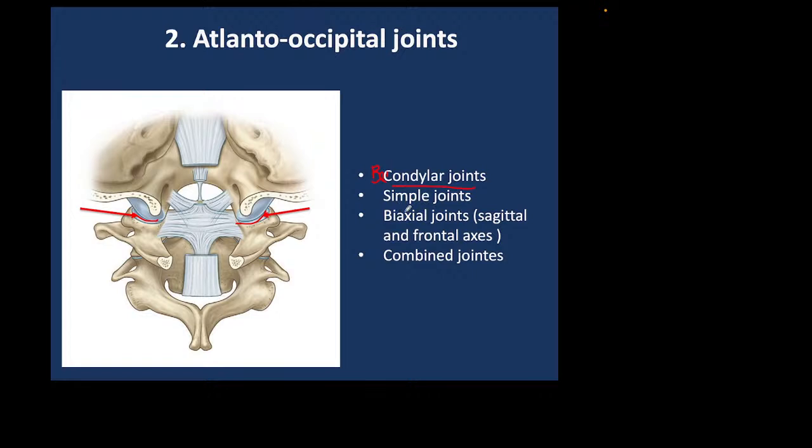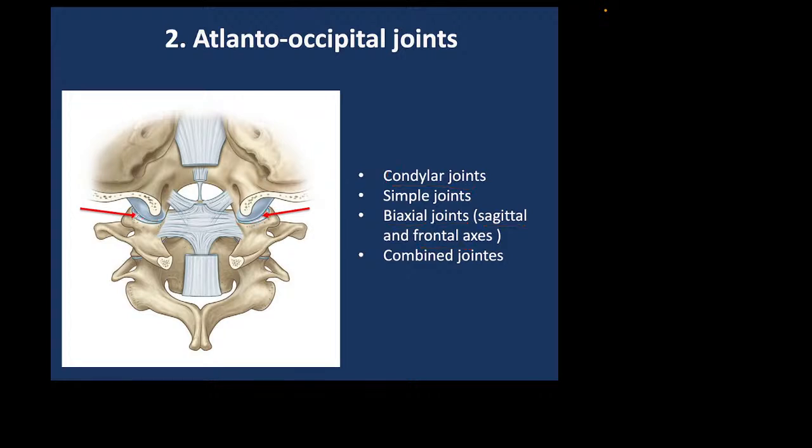Those are simple joints. It means there are only two articular surfaces, and every joint has two axes. Such joints we call biaxial, and these axes are the sagittal and frontal axes. I would say that atlanto-occipital joints are combined joints.